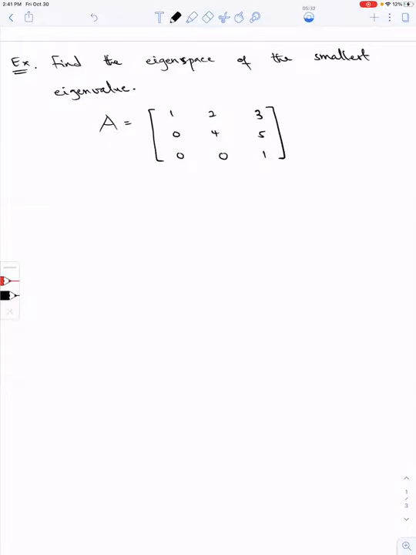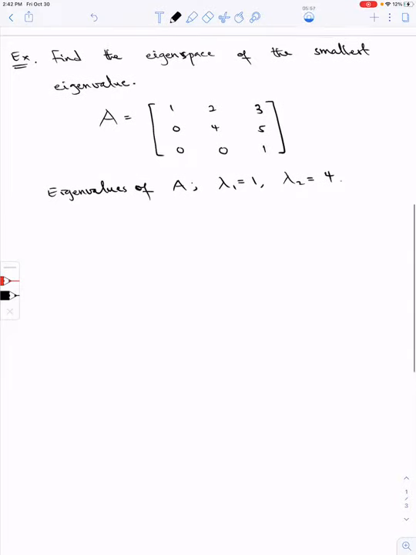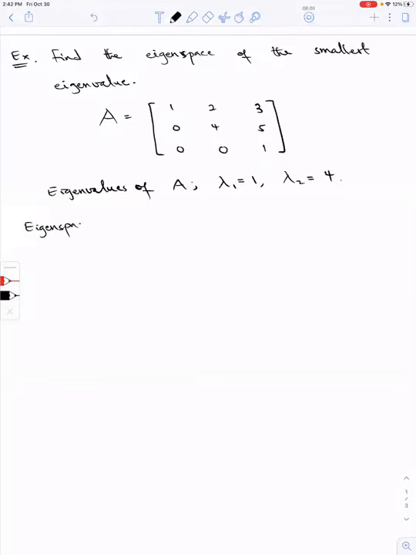We know that for triangular matrices, the eigenvalues are the diagonal elements. So here, the eigenvalues of A are lambda 1 = 1 and lambda 2 = 4. Since it's asking for the eigenspace of the smallest one, we are interested in the eigenspace of lambda = 1.